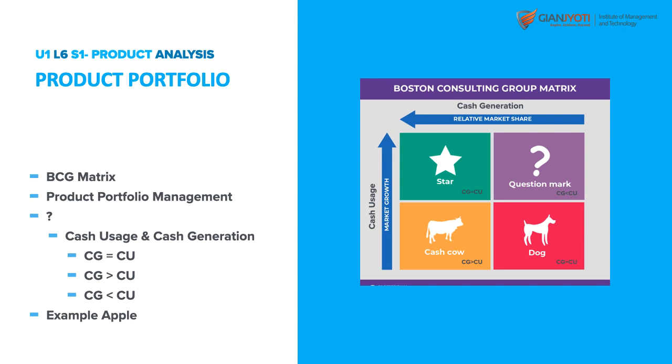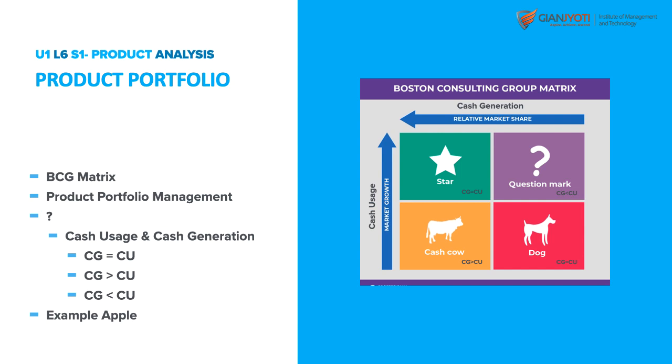Now in case of question mark, what is happening is that the market is growing, but your market share is not growing. That means you are putting in the money to increase your share, so you are using cash. Cash usage is more, but generation is not there because your market share is not increasing.